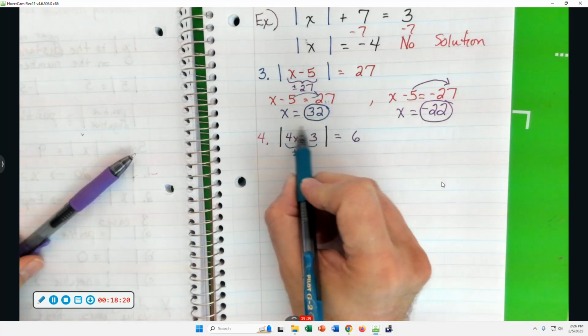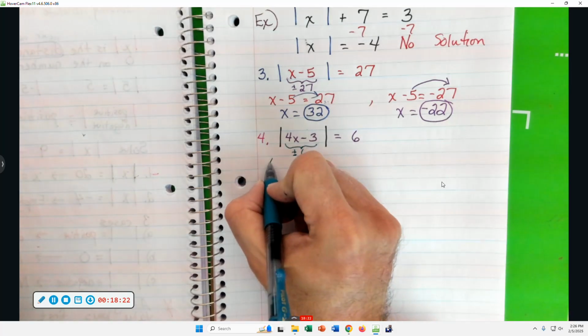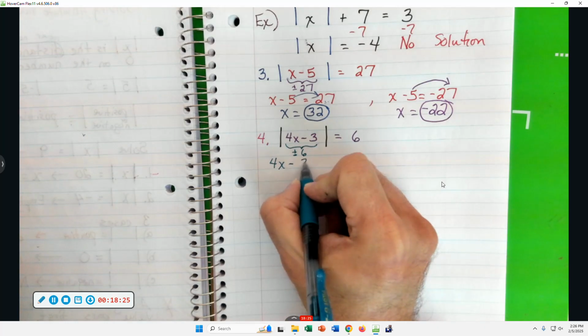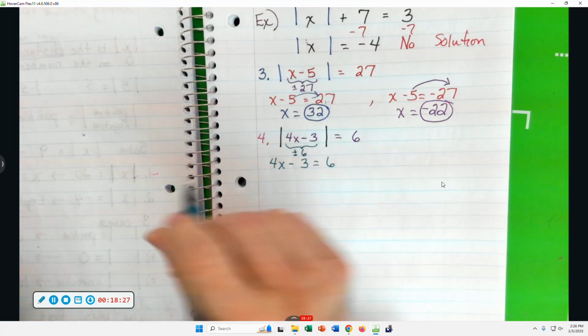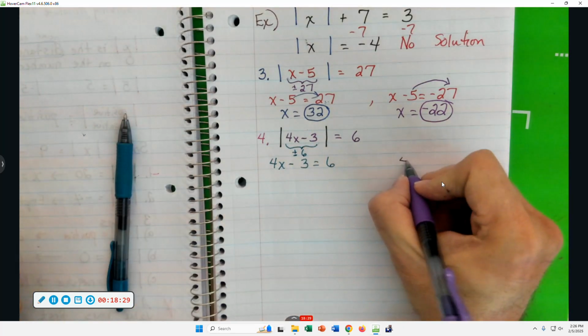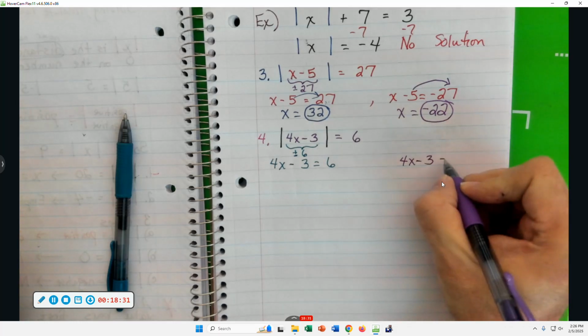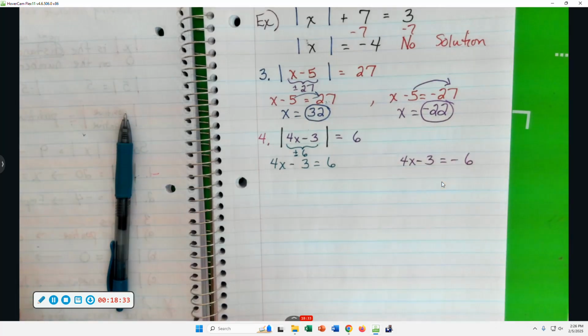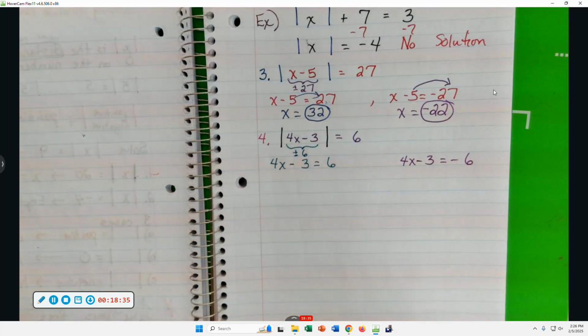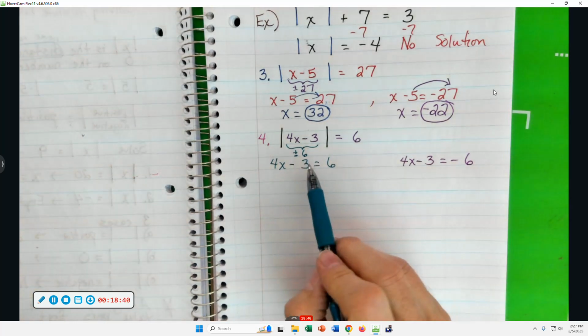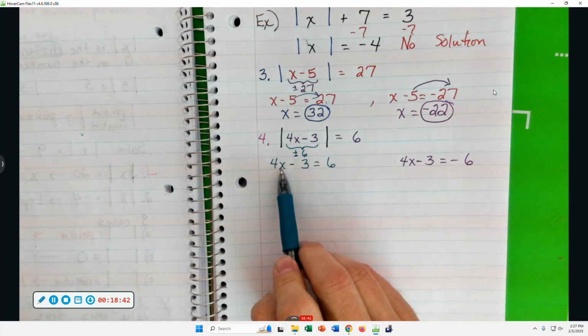So we'll take what's inside here and set it equal to positive 6. Then we'll set it equal to negative 6. Or if you want to go equals negative 6 first, the order doesn't matter. My habit is equal positive, then equal negative. So I'm now going to isolate this x.